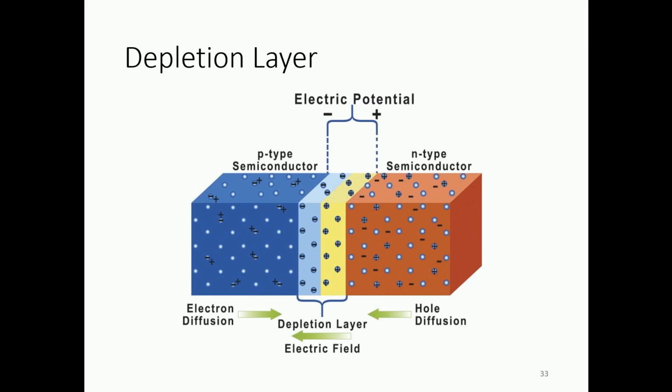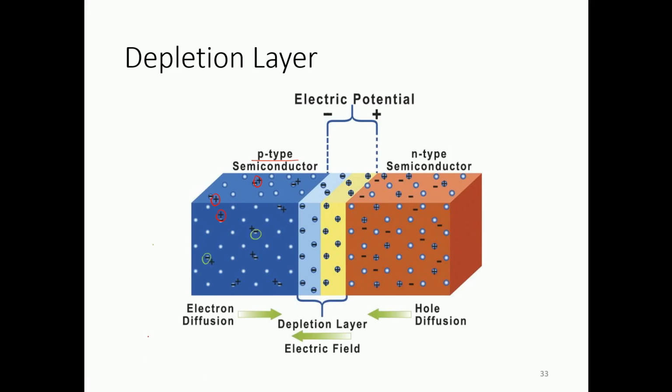Again we have a p-type material, p-type meaning that the positives are in majority and the electrons are in minority. Let me use a different color for this. So we can say that the electrons are in minority.